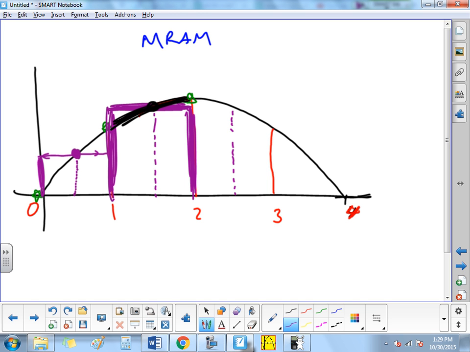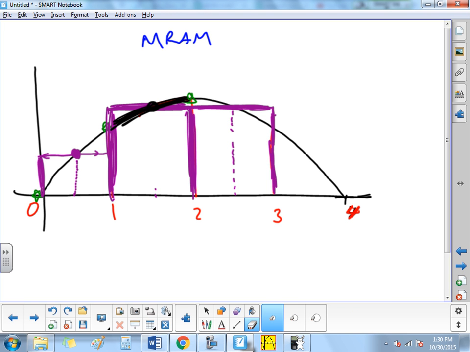You don't have to draw this dashed line. You're not really supposed to. And you'll notice that the way I'm designing this, the rectangle that I drew from x equals 1 to 2 and the rectangles I drew from x equals 2 to 3 are exactly the same size.